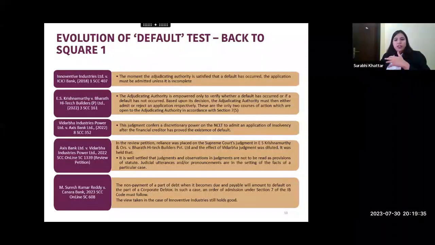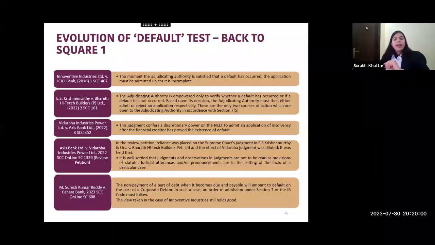Now, when such an objection is raised by the corporate debtor, the response is that a review petition was filed in the same Vidarbha judgment. In that, the Supreme Court held that the findings given in Vidarbha are for the facts and circumstances of that case only, and are not to be adopted as principles in other cases.